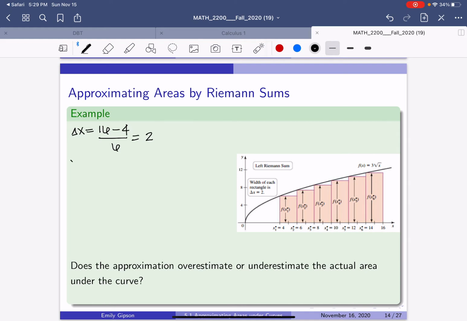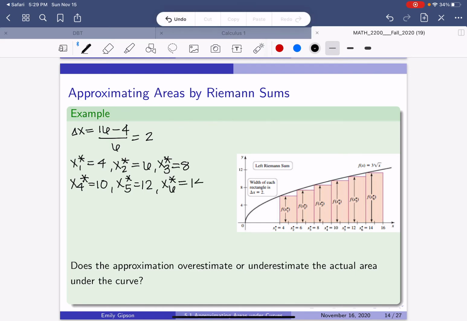Now I go ahead and I set x1 star equal to 4, x2 star equal to 6, x3 star equal to 8, x4 star equal to 10, x5 star equal to 12, and x6 star equal to 14.